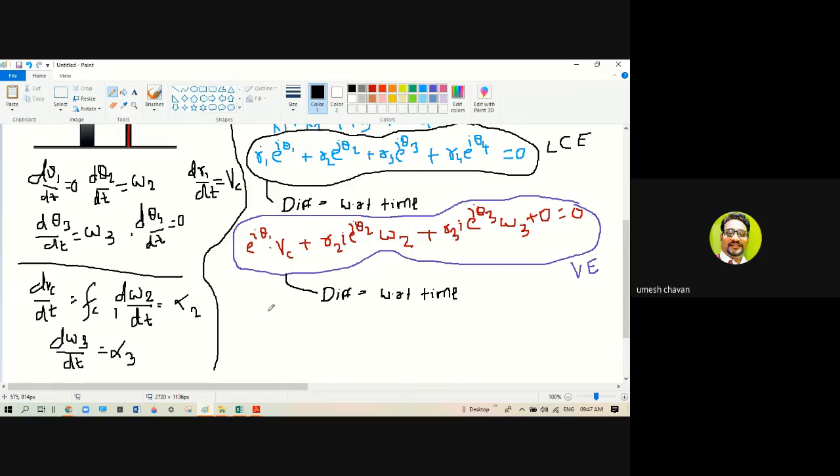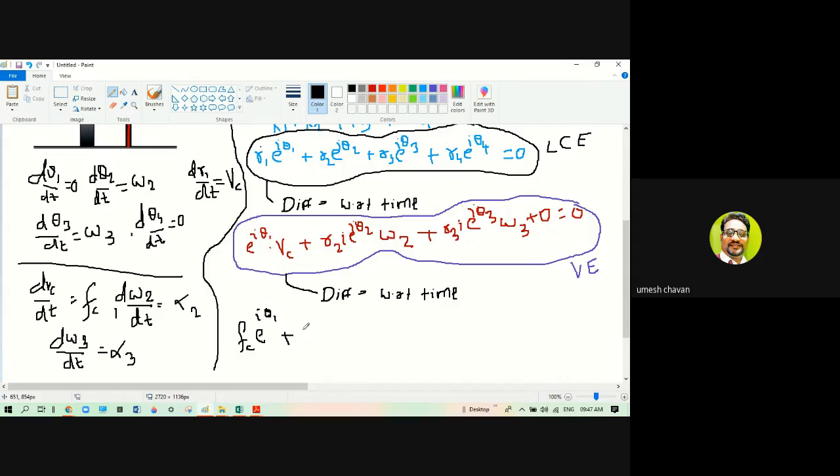So see here how this will come. This term has only one variable, that is Vc. So Fc e raised to i theta 1, plus, here omega 2 is variable and theta 2 is also variable.